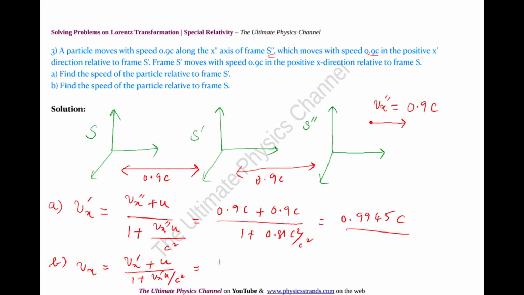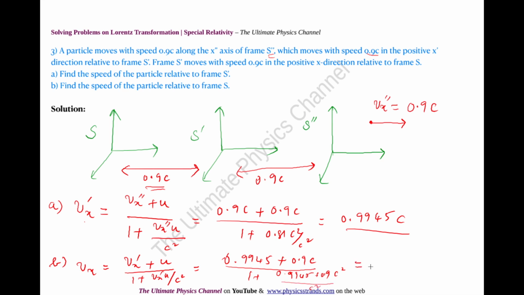Therefore Vx prime we have calculated as 0.9945 c, so 0.9945 c plus u is again 0.9 c in this case also, so it is over 1 plus 0.9945 times 0.9, denominator c squared will cancel.